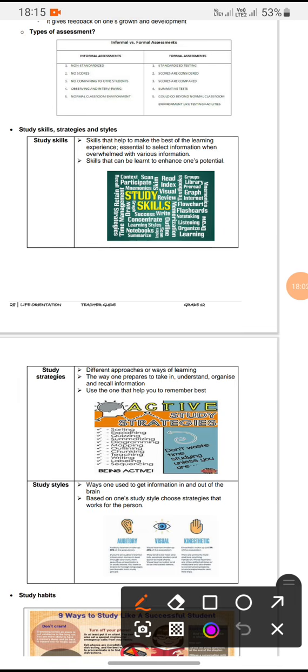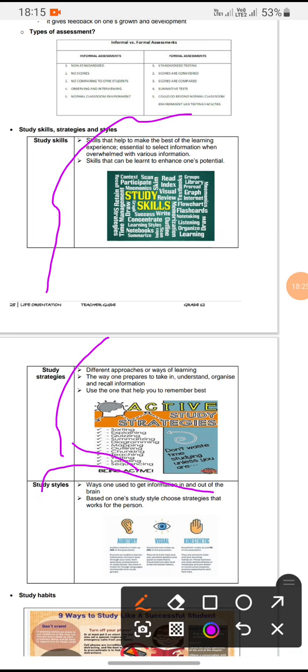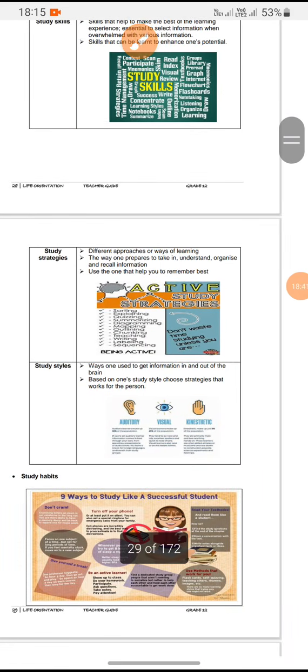So your study skills are the best learning skills, best learning experience, and your strategies are the ways of learning, right? The way of learning that helps you to remember better. Your study styles are the way you acquire knowledge, either in listening, in visualizing, or in dancing.